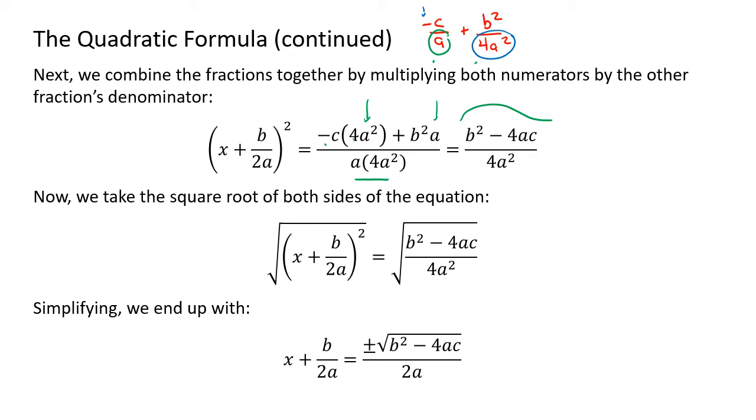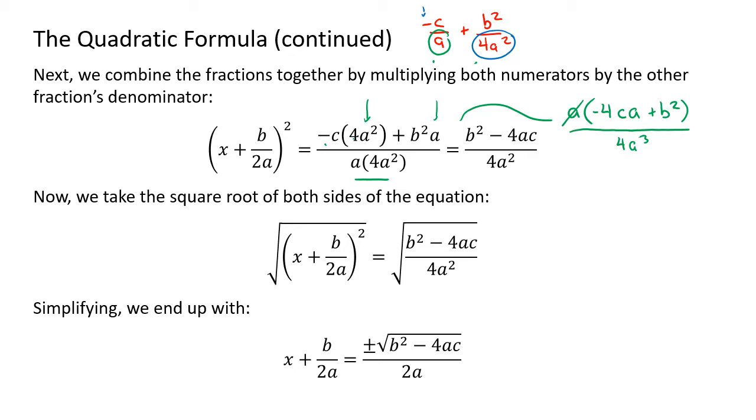So you can factor out an a from both the first and second terms. This becomes a times negative 4c times a. I've just rearranged it to make it a little simpler. Plus b squared. And that's divided by, combining those terms, 4a squared times a, which is 4a cubed.